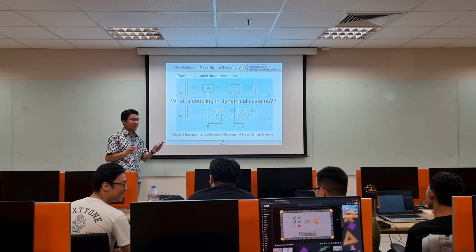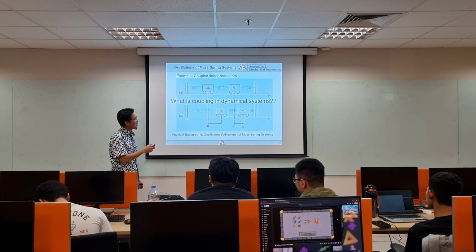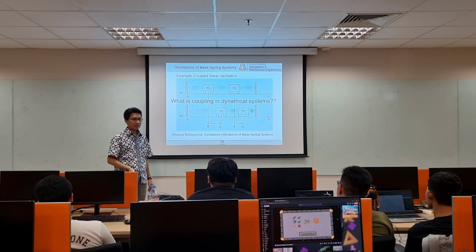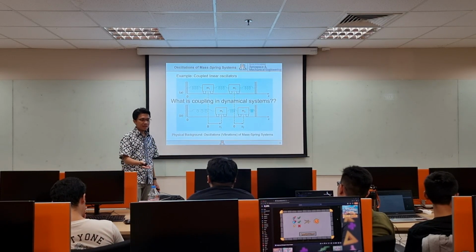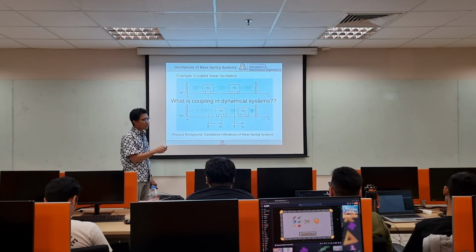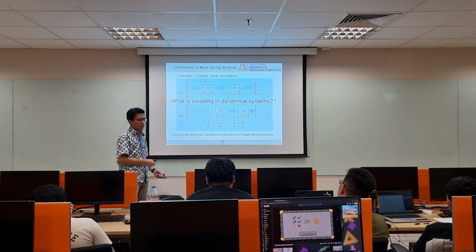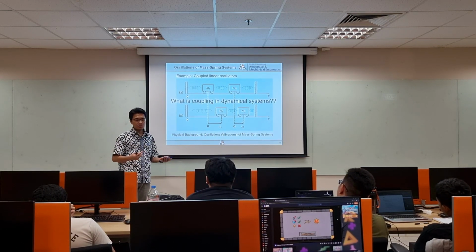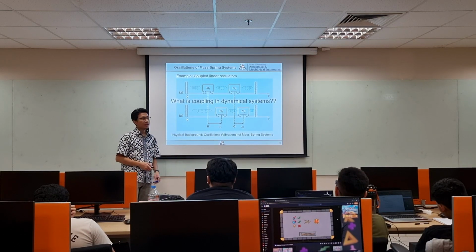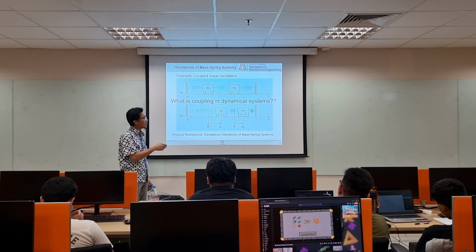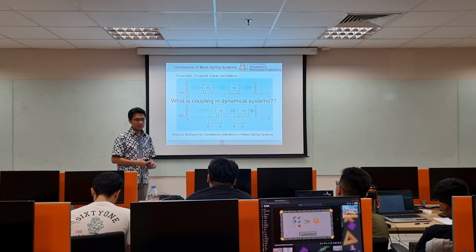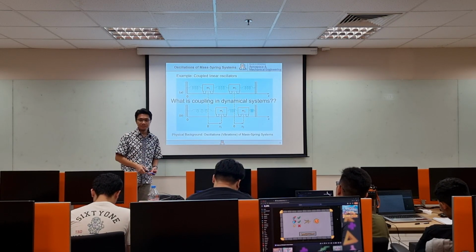Physically, what happened with the mass? This mass and that mass is coupled. Physically, they are dependent on each other. When this mass moves, this mass will also move, but maybe in the same direction or in a different direction. So the movement of this mass depends on the movement of the other mass. That is what is meant by coupling.